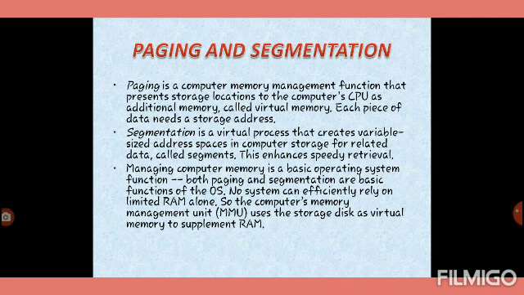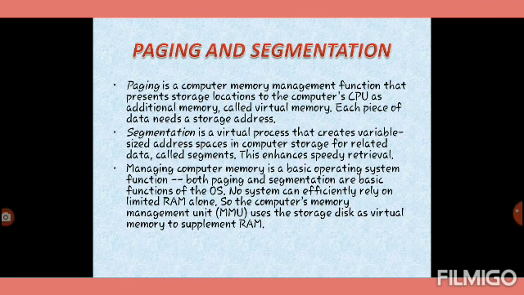So each segment will be of a different size; unlike paging, they will not be of equal size. These segments will be accommodated on the main memory of the computer.